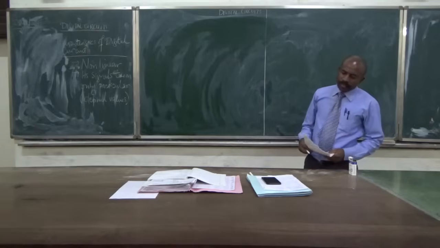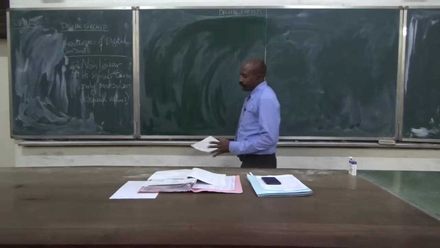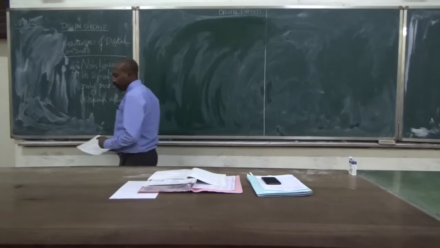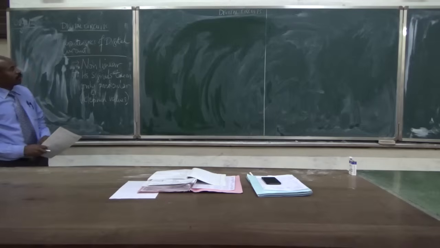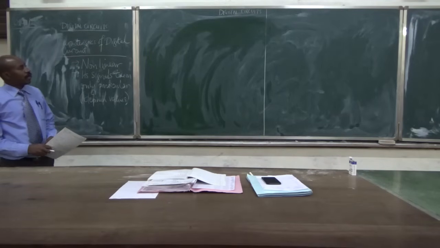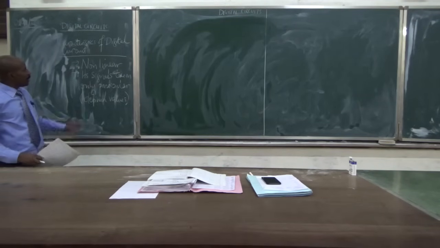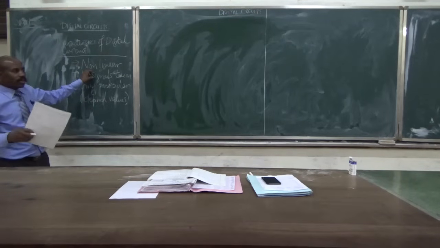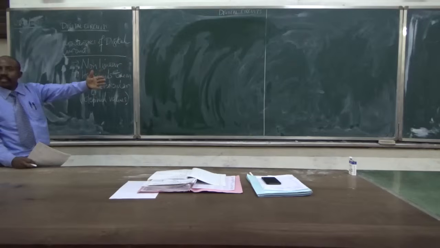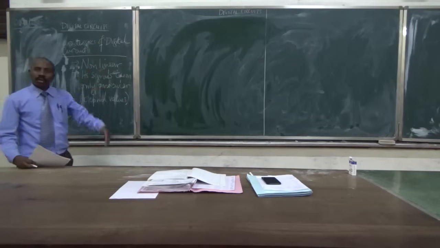Okay, I've already given you the idea about digital circuits and why they are called digital, and they are non-linear, so you cannot say I'm going to get 1, 2, 3, 4, 5. This one is just binary, it's a 1 or 0.